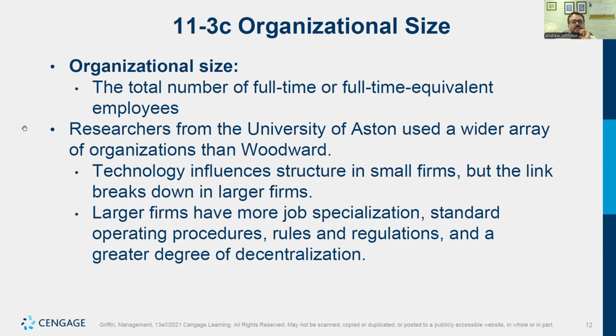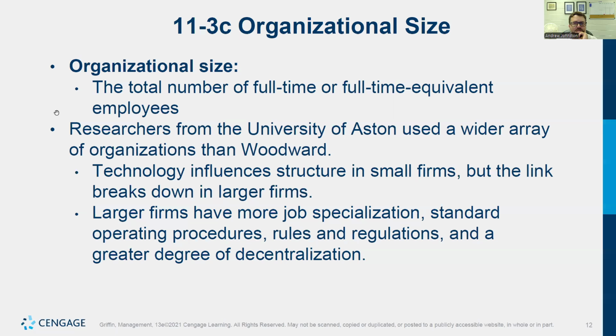There were also some findings related to size, but the link was somewhat small. Or rather, sorry, the relationship with technology they found held with smaller firms, but then that link broke down. When they looked at larger firms, that technological aspect wasn't determinative.